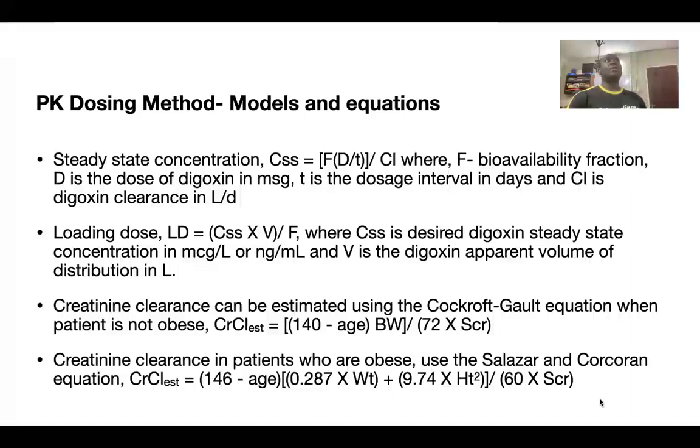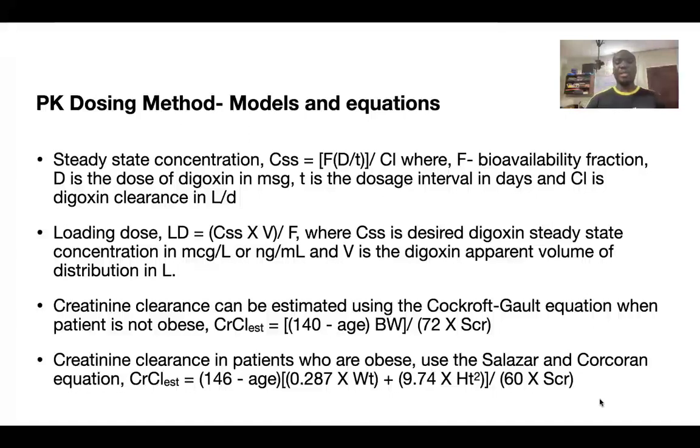But for oral doses, you'll be using 0.7. For capsules, you'll be using 0.9, and for your elixir, you'll be using 0.8. Please take note of that. Those peculiarities may come out when you're attending to patients or answering a question.